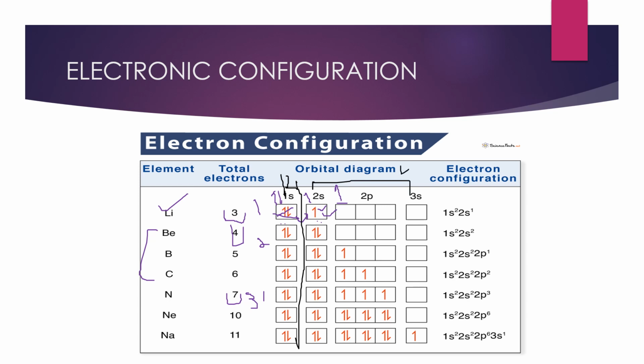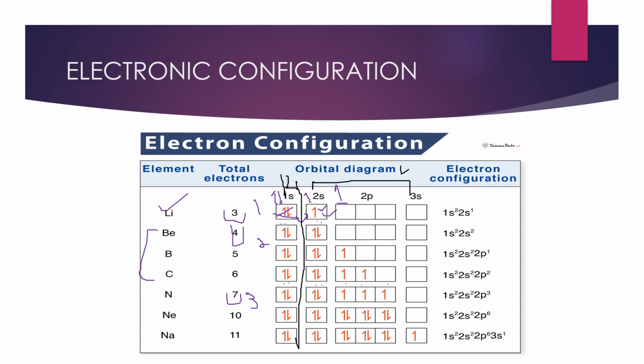To fill the K shell, we just put 2 electrons, and after that we put 2 electrons in 2s because both of them are on the x-axis. But if we are talking about the P, we'll put the electrons in different axes, like the x-axis, y-axis and z-axis. So here we have 3 valency.